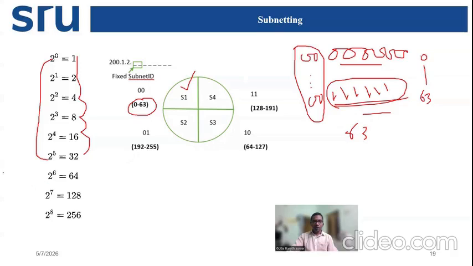So 64 means here in binary only the 6th bit is 1, remaining all 0. It is 64, the next address. So the next address means 0 0 1, and the remaining bits are all 0. So total 8. This is 3, 5, 6, 7, 8. So this is your 64.